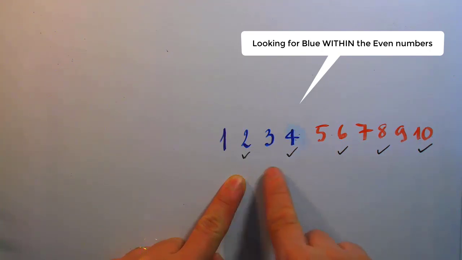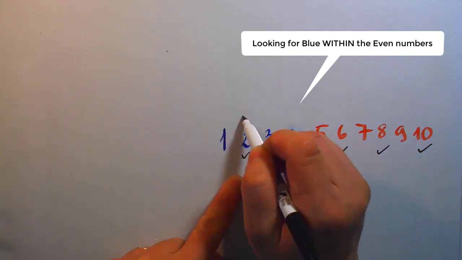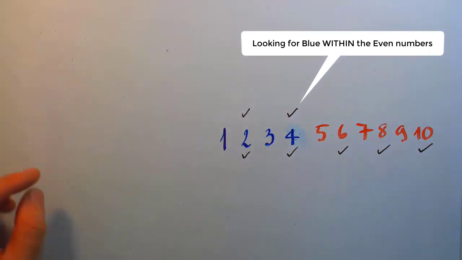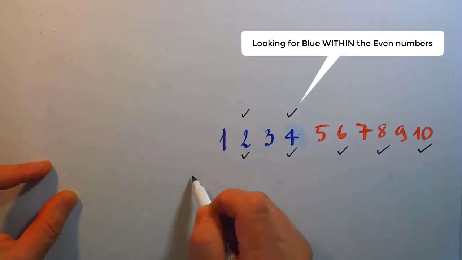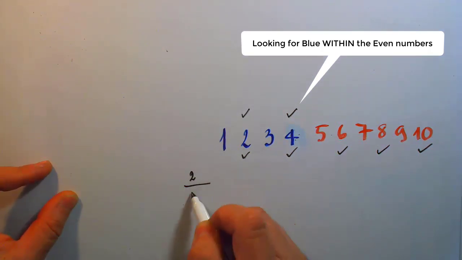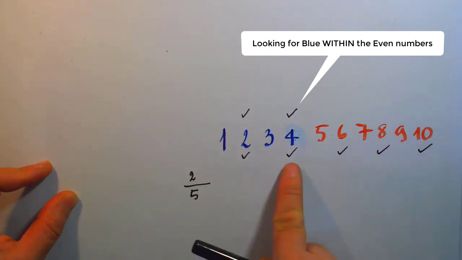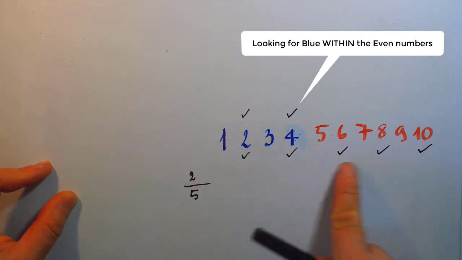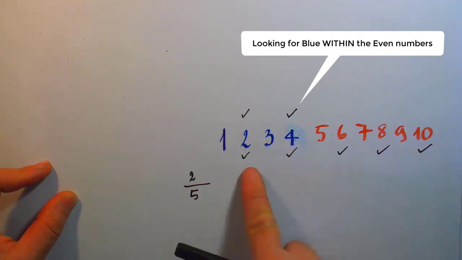Where are the blues? The blues are here. So these are the blues. In that way, what I have now is 2 blues inside of 5 evens. See, these are the 5 evens. Remember, first we turn our attention to focus only on the evens. Then inside of these 5 even ones, we're looking for the blue.